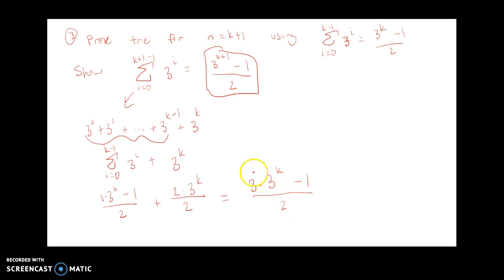And that right there is 3 to the first times 3 to the k power, which, with common bases, I can sum the exponents, which is 3 to the k plus 1 minus 1 over 2. And I have just proven that if n equals k works, then n equals k plus 1 works as well.